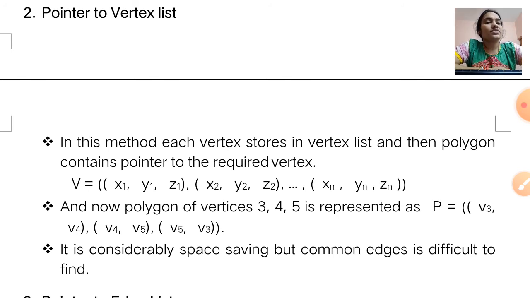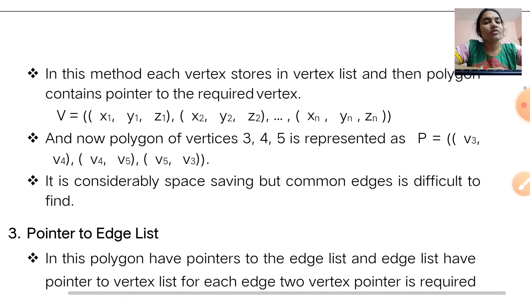All the vertex coordinate points are stored in the vertex list. And now a polygon of vertices 3, 4, 5 is represented. Suppose the vertices 3, 4, 5 are present. Then P equals V3 V4, V4 V5, V5 V3. In this way, all the 3 points are connected.